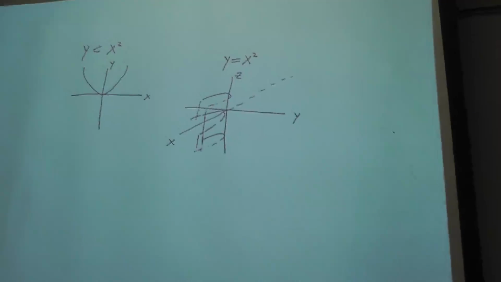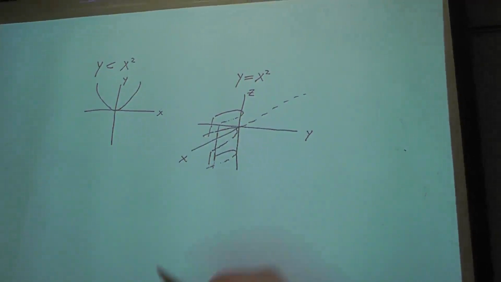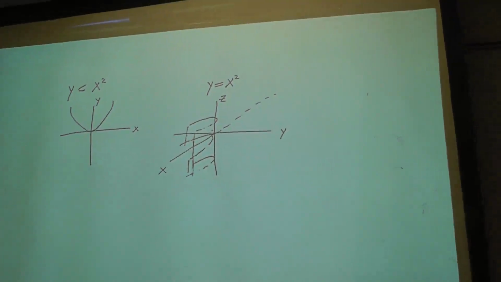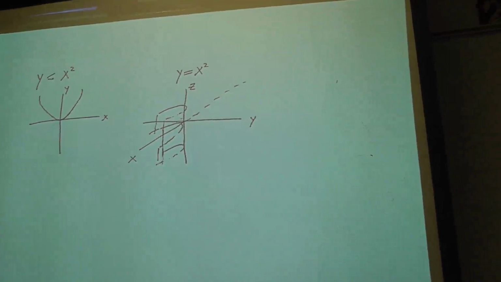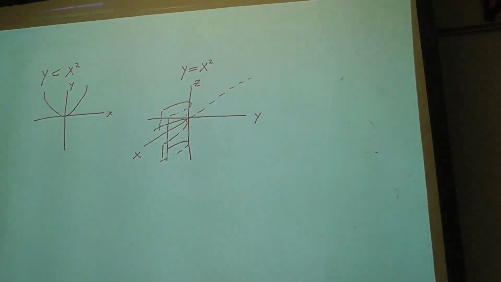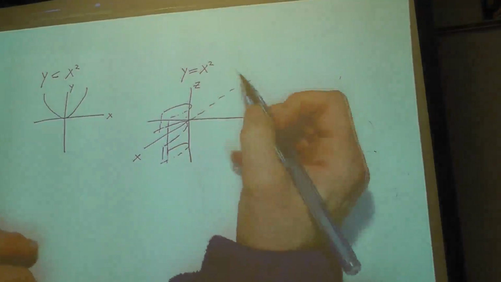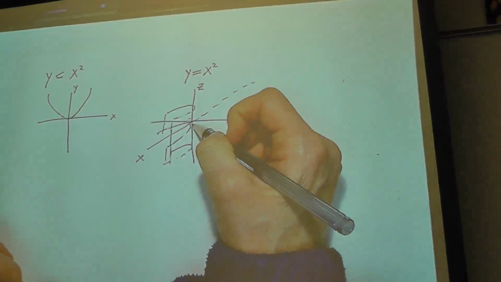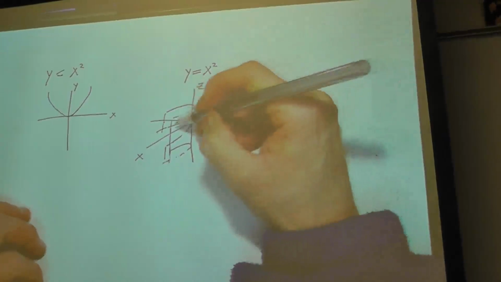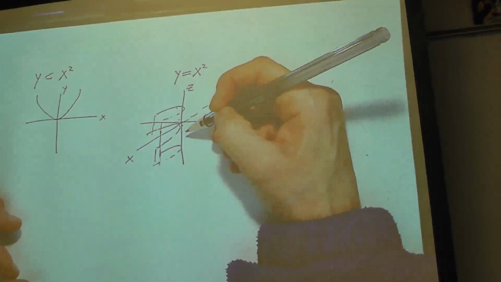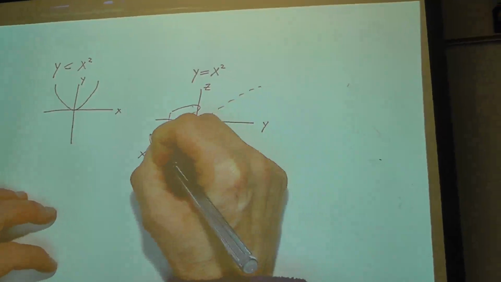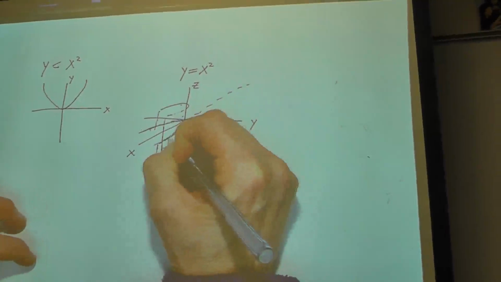Okay, now. Shouldn't it be open to the right? Well, it's not open to the right. It's coming out of the paper. He's saying, shouldn't it wrap around the y-axis instead of around the x-axis? It's not wrapping around the x-axis. Just the way it's folding, it has the x-axis in its vertex.